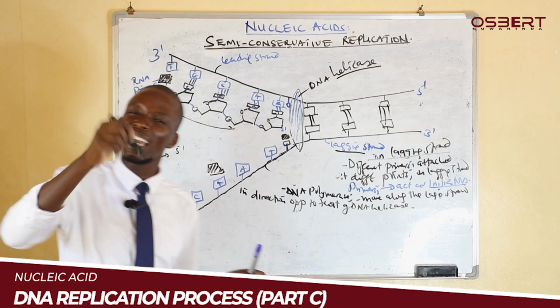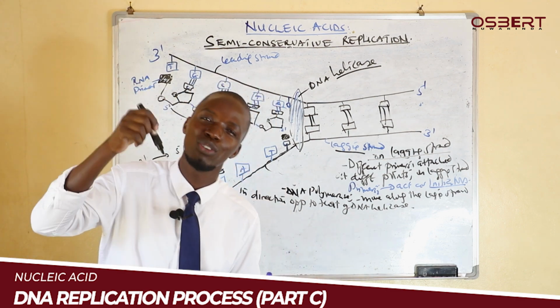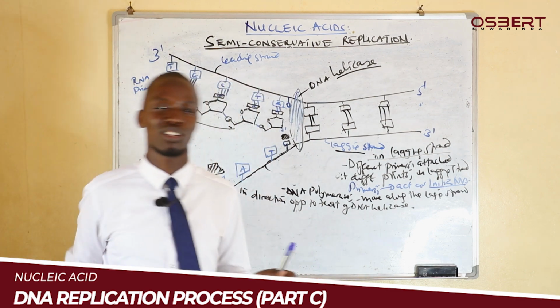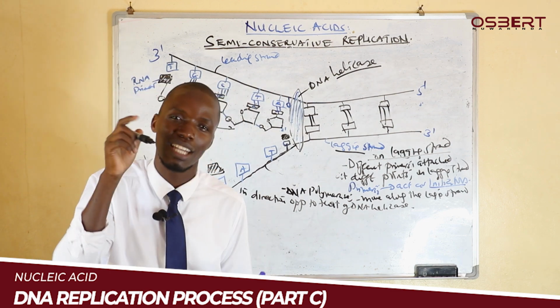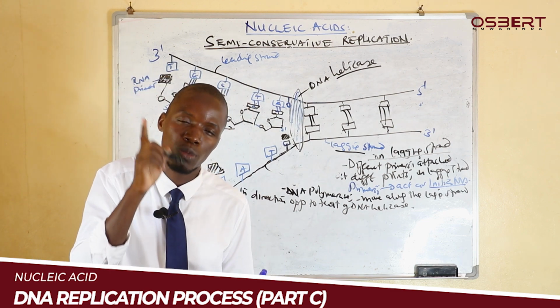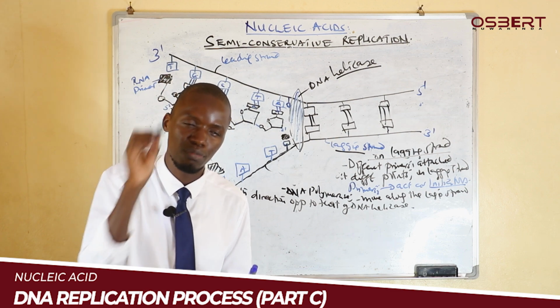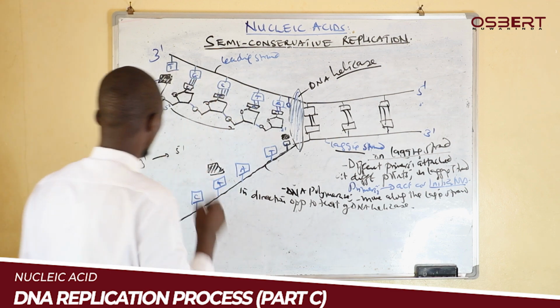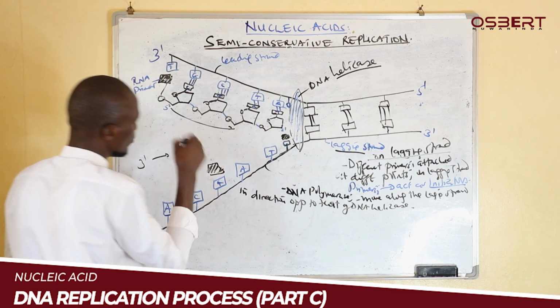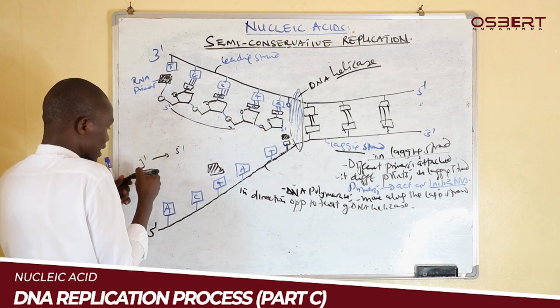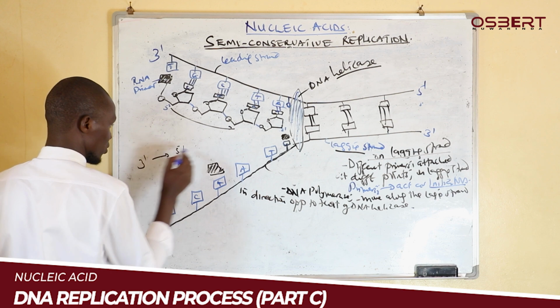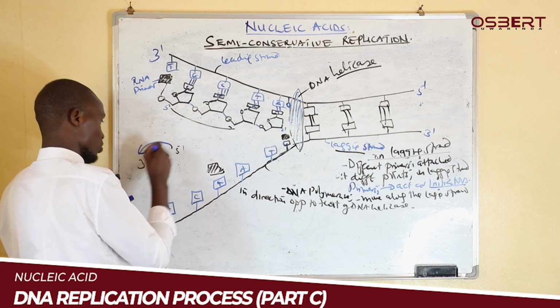Therefore, to maintain that flow in a 5 prime to 3 prime direction with respect to what is being formed, it moves in the opposite direction, so that instead of moving from here to here, it moves from 5 to 3.